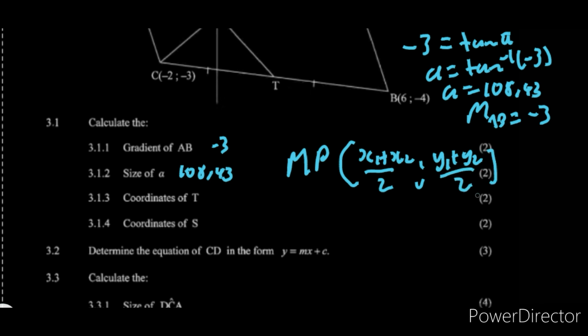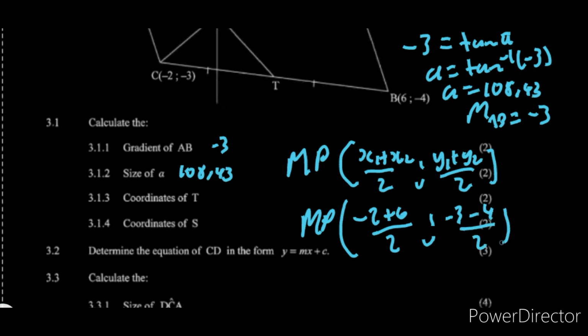From here we're going to say -2 plus 6, divided by 2. And then the y value is going to be -3 minus 4, divided by 2.